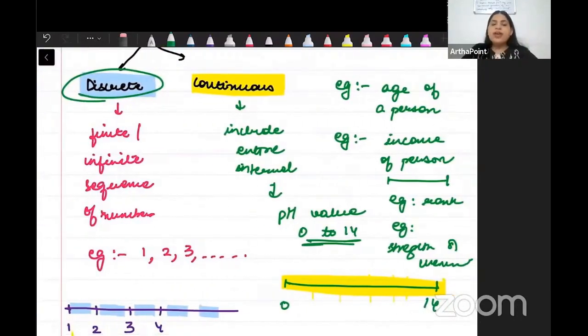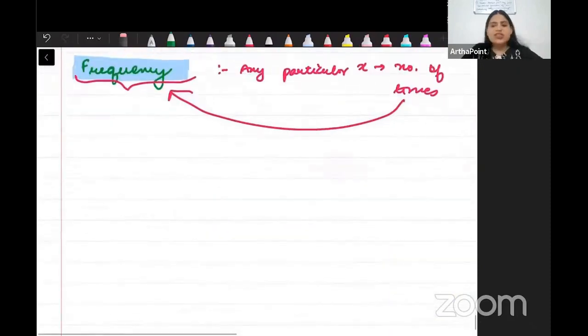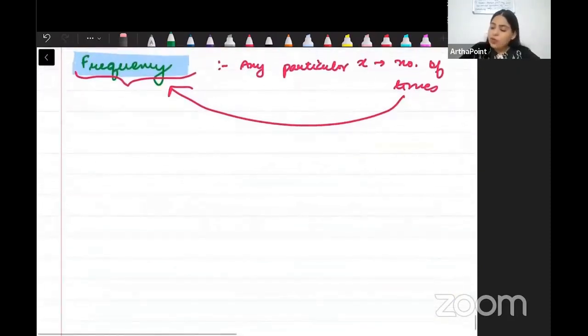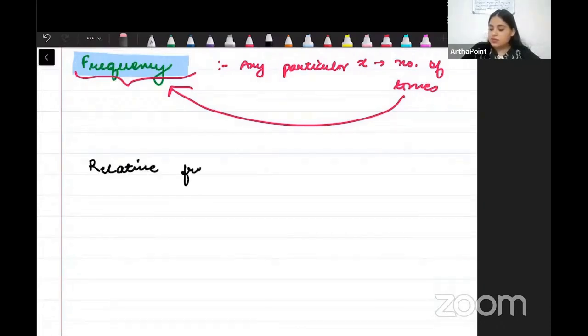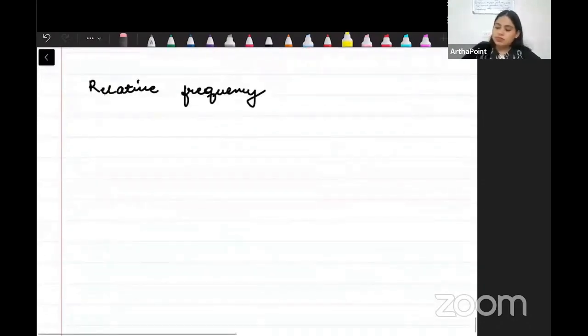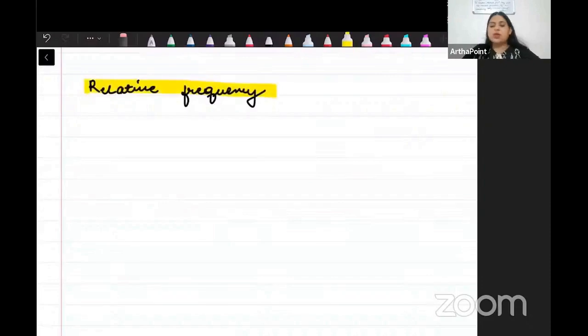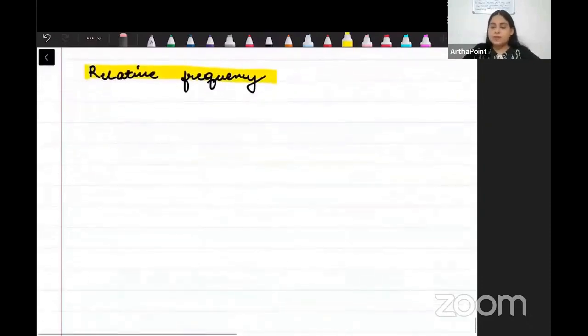Now, we are pretty clear with what frequency is. But today I want to talk about something known as relative frequency. What is a relative frequency?